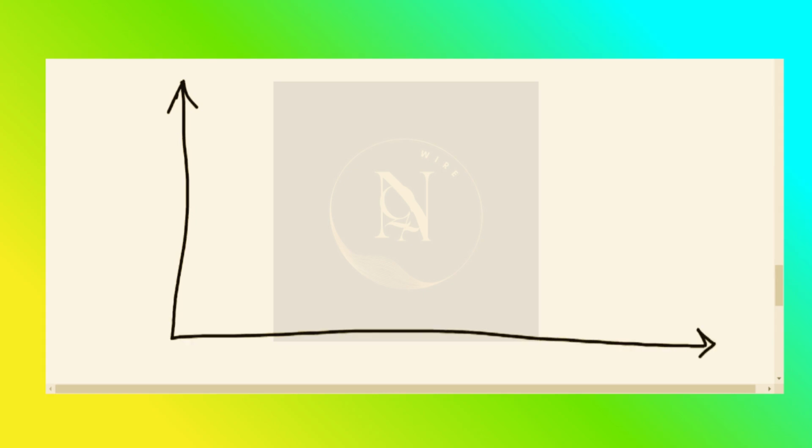Moving on to part A, let me start by representing all the reactions. So I'll use the same graph to represent all the reactions, starting with reaction 1. Here is the minimum state.